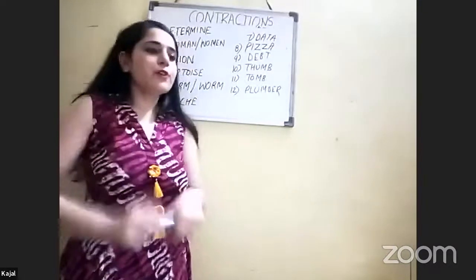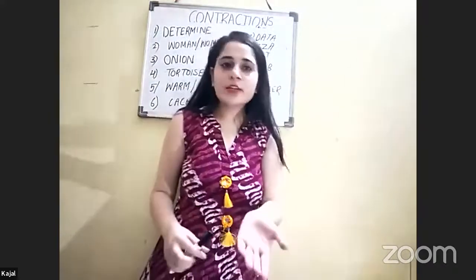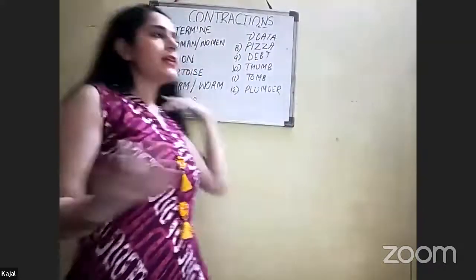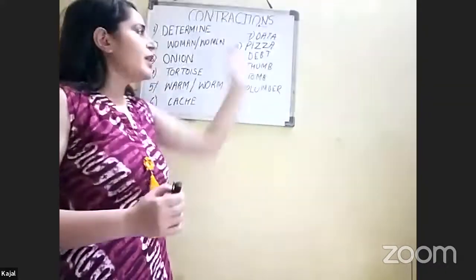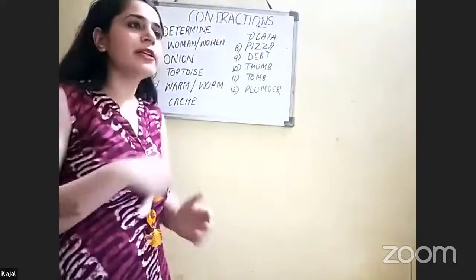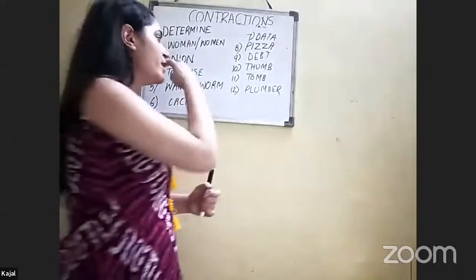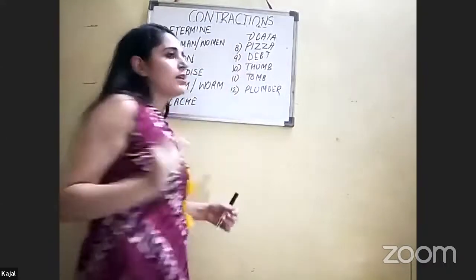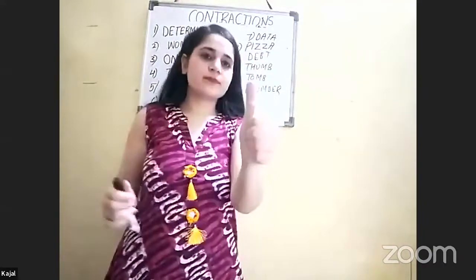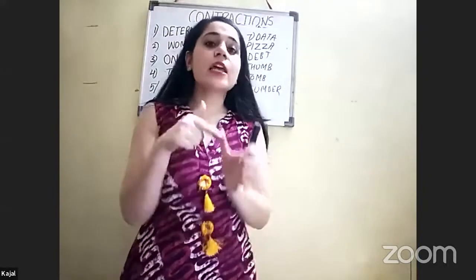DEBT. We usually hear it in accountancy terms, so we call it debt. B is there, but B is silent. Next we have THUMB. We call it thumb. We're not stressing on the B. B is silent.